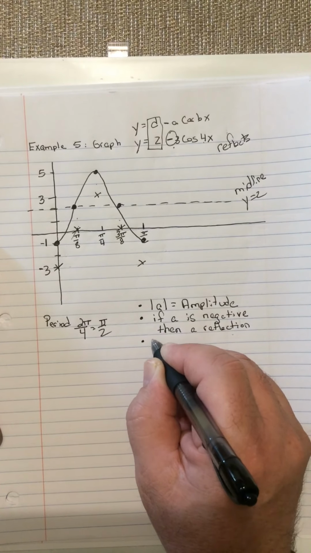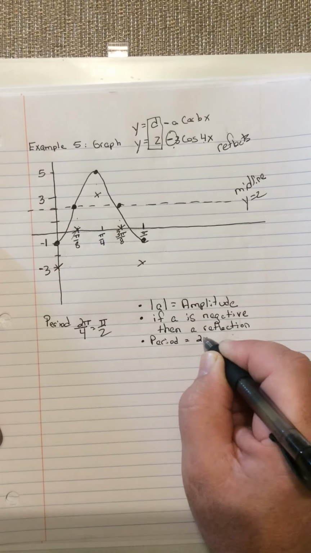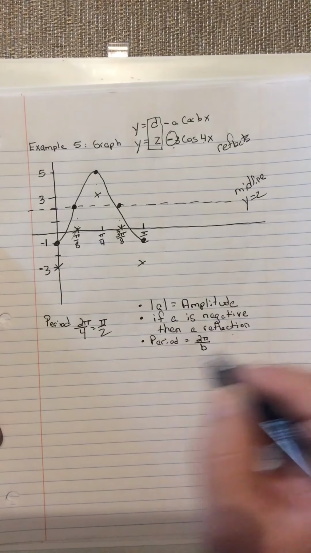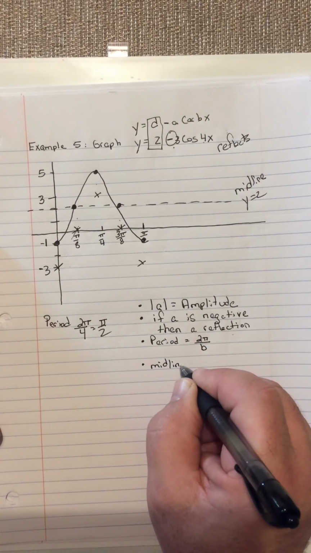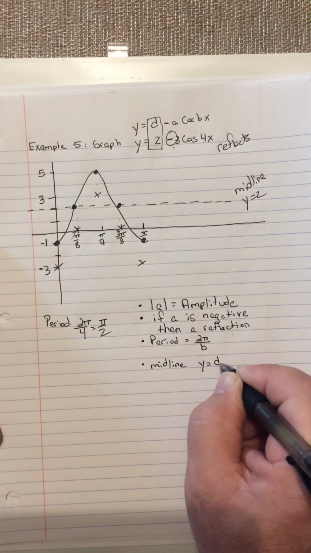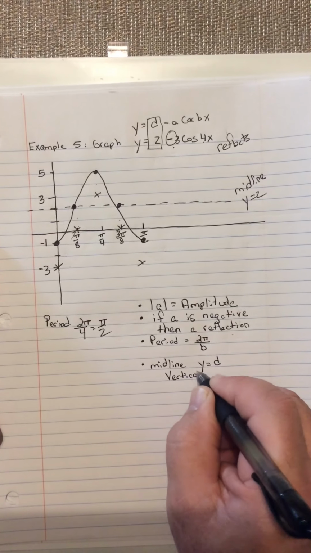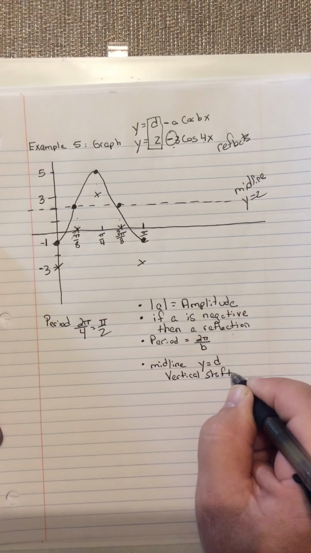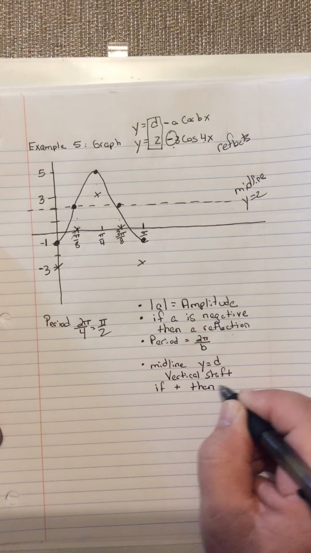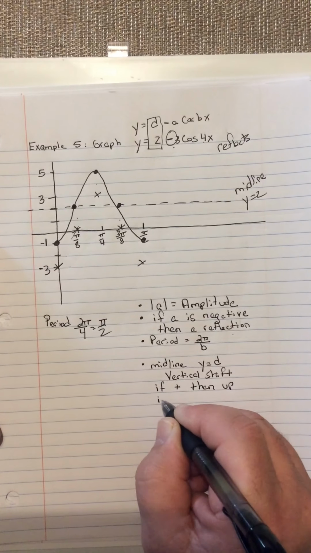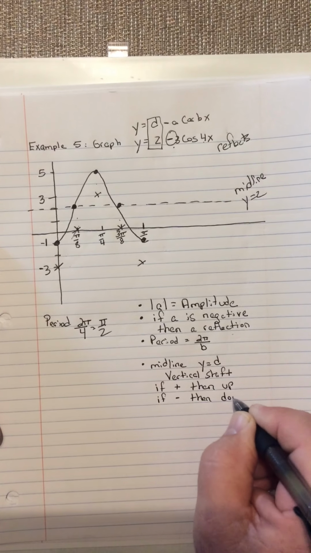Period or cycle is always 2 pi over b. Midline is always y equals d, which is the vertical shift. If positive, then up, and if negative, then down.